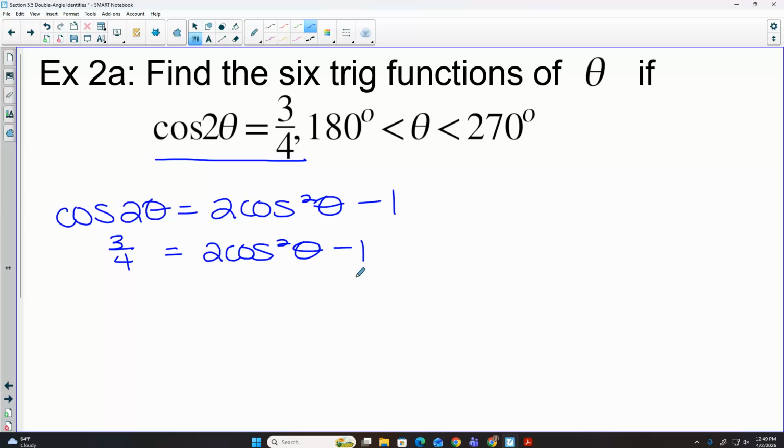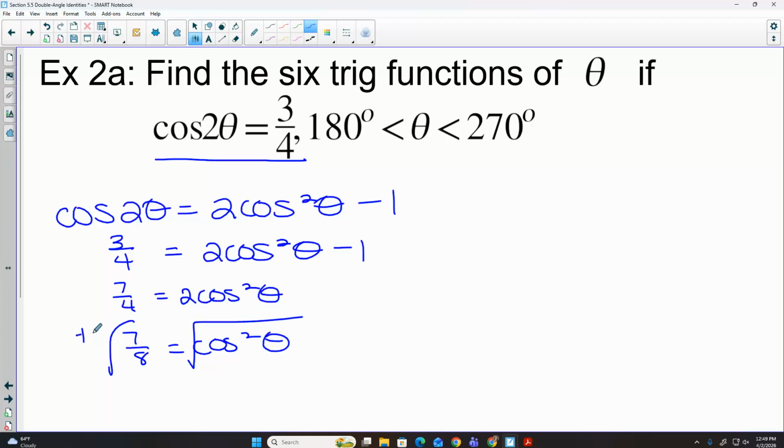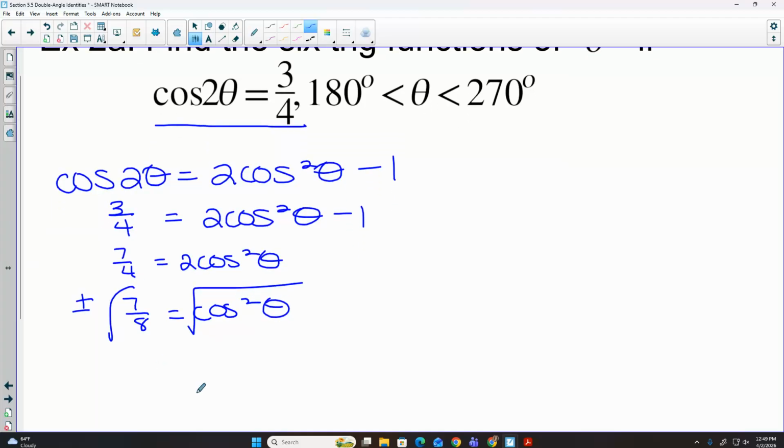Add over the 1. And then we can divide by 2. All right, how do you get rid of a square? With it, we have plus or minus. How do I decide if it's positive or negative?